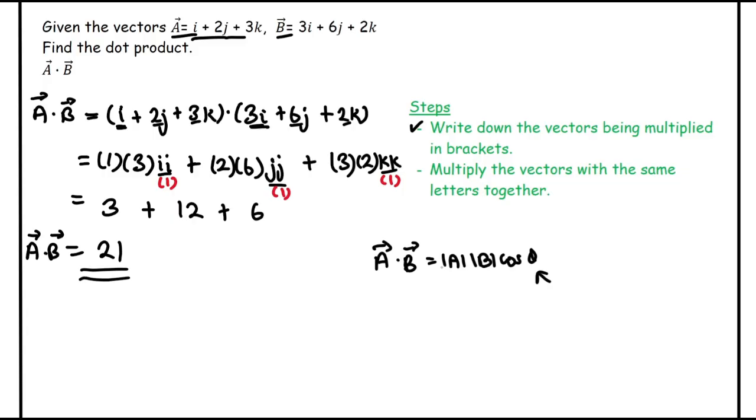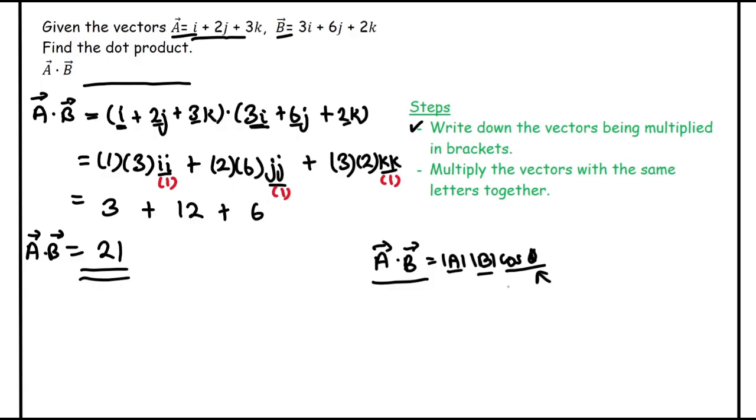Now, you can be asked to find this angle theta. In that case, you would have to find the dot product using this method we've used today, then find the magnitude of A, find the magnitude of B, and make cos theta the subject.